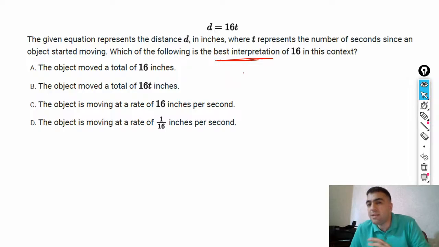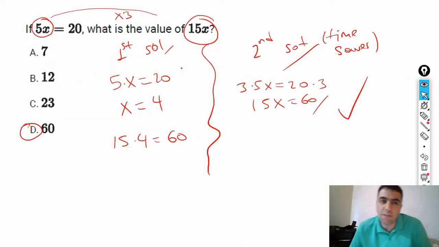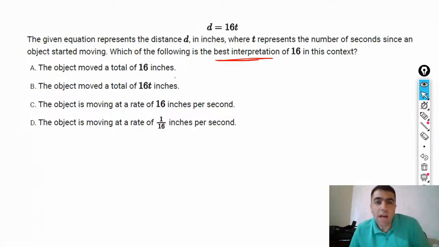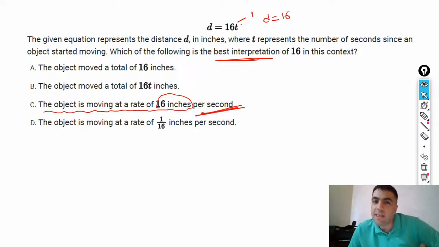What is best interpretation? We read the answers one by one. And we see that the object is moving at a rate of 16 inches per second. Okay? t is equal to 1, d is equal to 16; t is equal to 2, d is equal to 32. That is all.